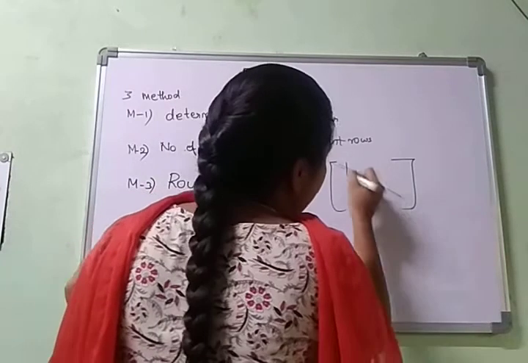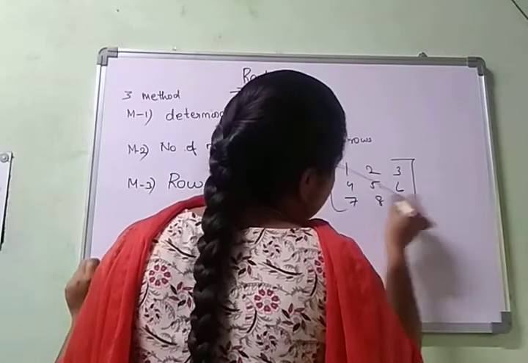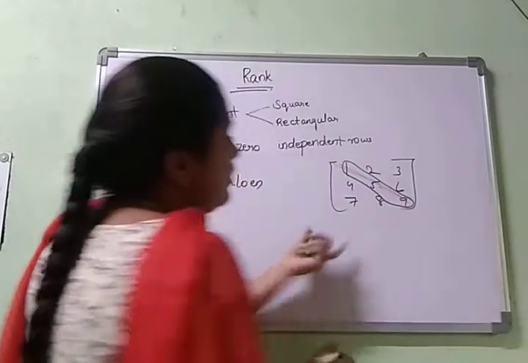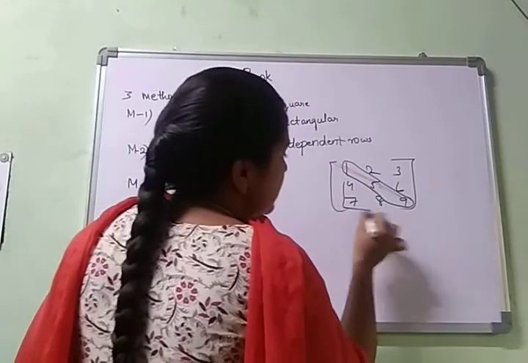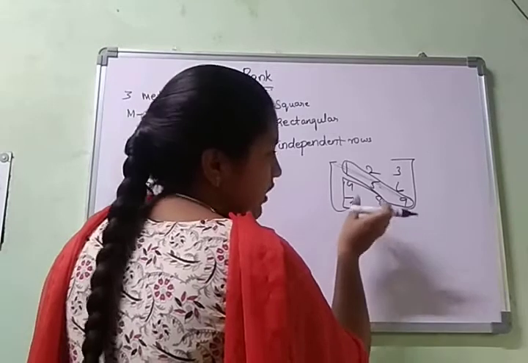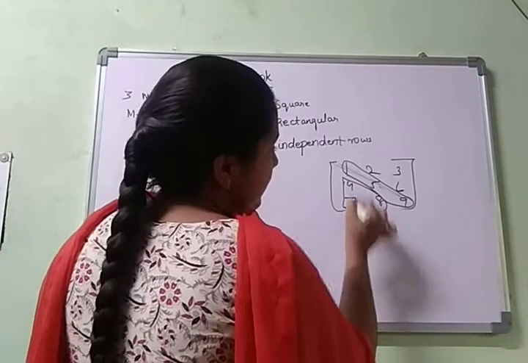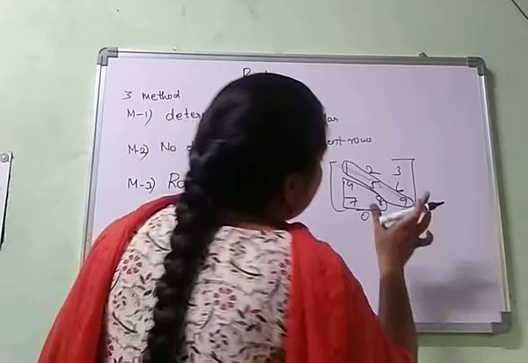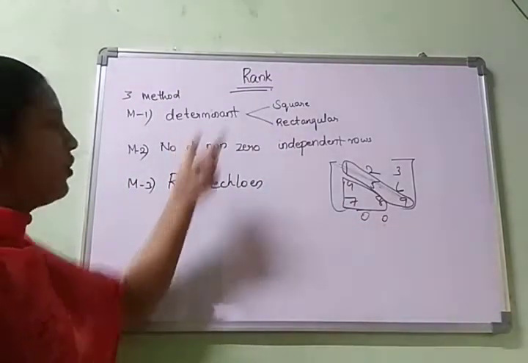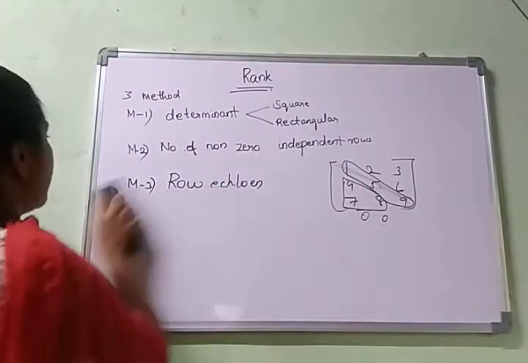For suppose, if I write 1, 2, 3 and 4, 5, 6 and 7, 8, 9, this is the matrix; here is the upper triangle, and this is the lower triangle. The lower triangular elements should be 0. If these are 0, then it is called row echelon form. So these are the 3 methods. Now let's go one by one. I think you are understanding everything.